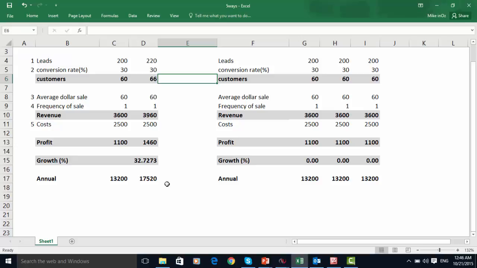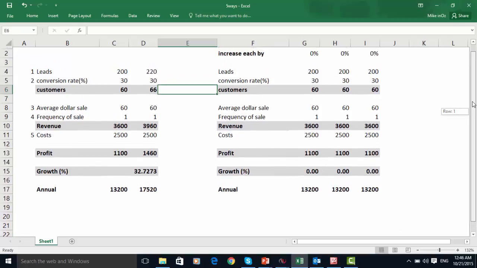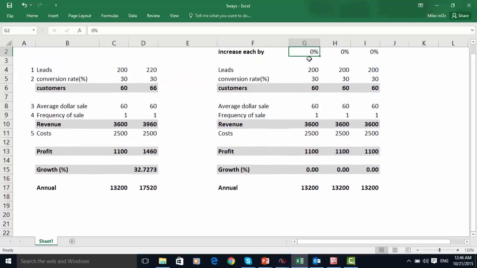But this is not where the real power lies. The real power lies when we start to work on all of these 5 areas. So let's say we increase by 10% right across the board in each of these 5 areas. Our leads go up to 220, our conversion rate up to 33%, which gives us 72.6 customers per month.